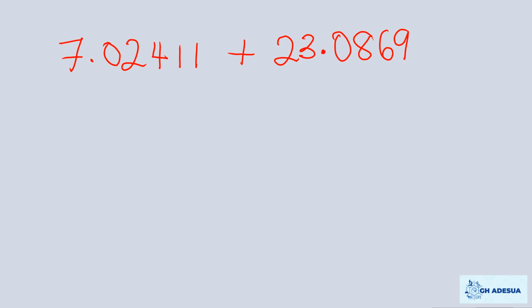Okay. So 7.02411. How do I write the 23?